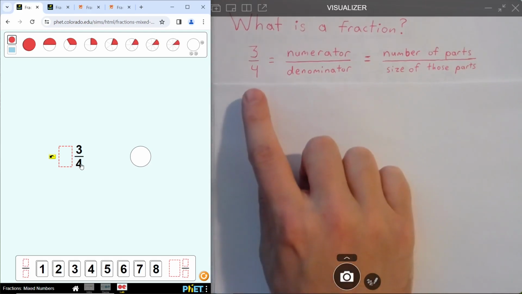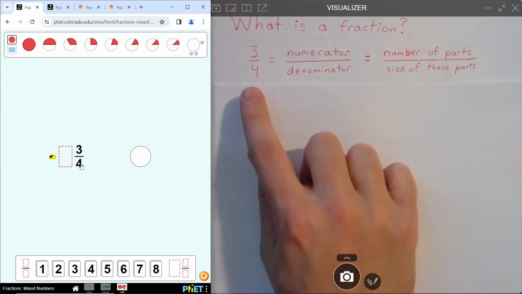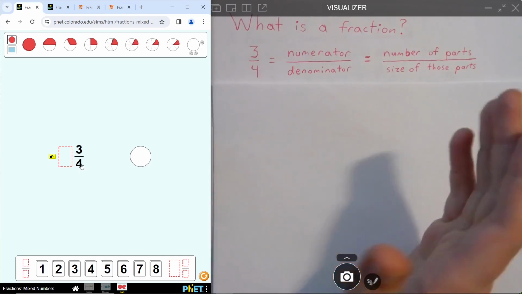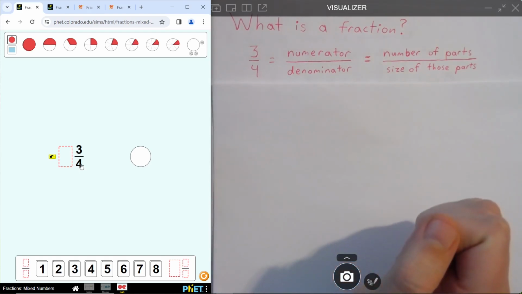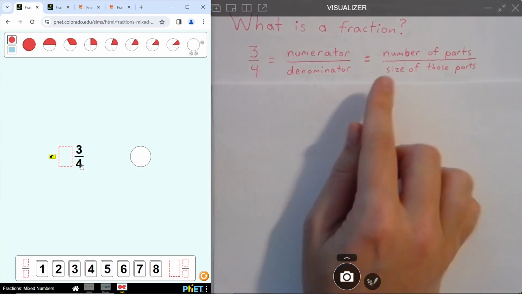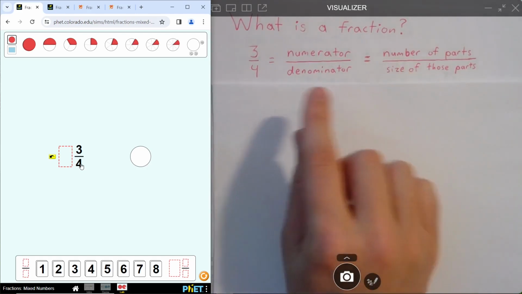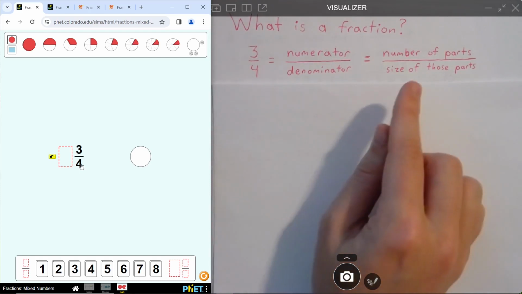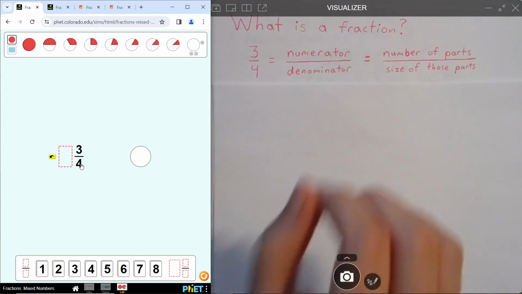Not a size of 4, but a size of 4 on the bottom of that fraction, which is actually 1/4. To say this in a sentence, 3/4 represents 3 parts that are each 1/4 in size.